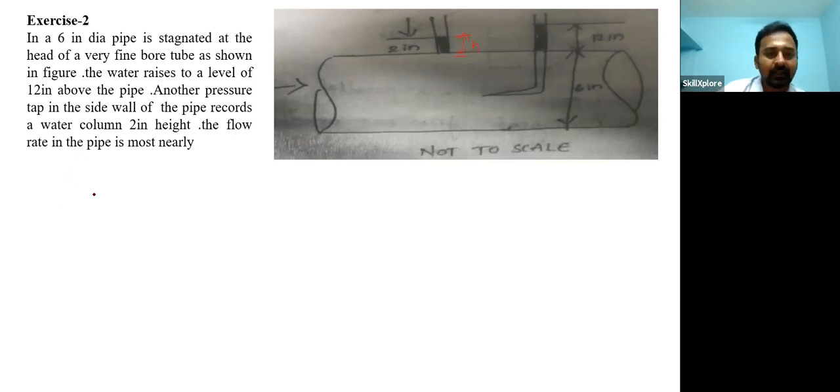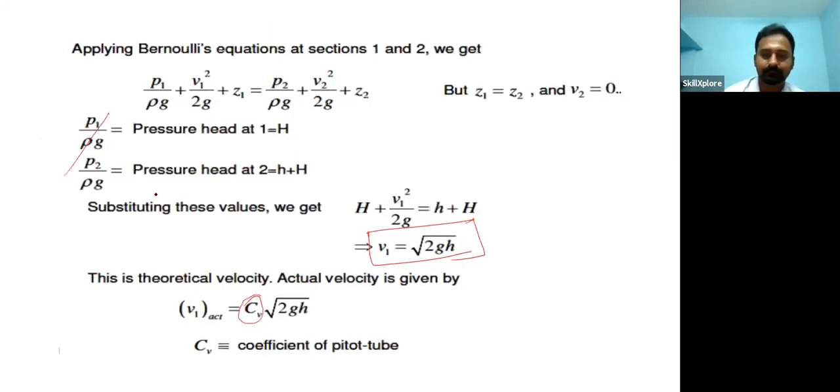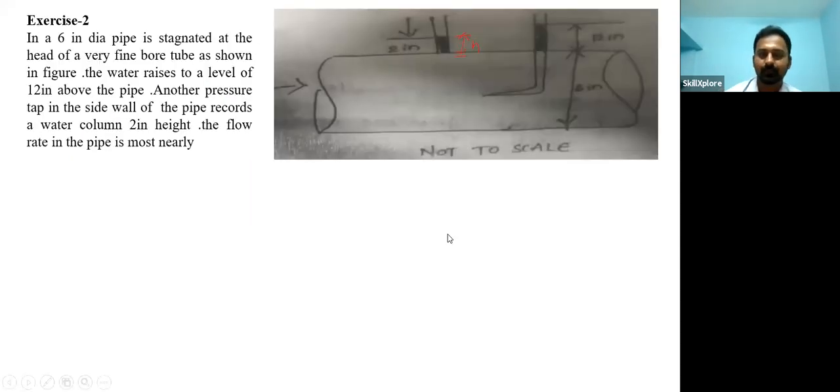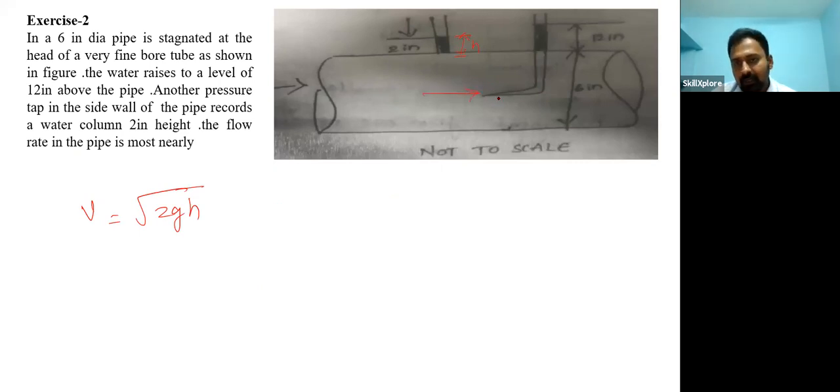So how to calculate that? We all know that the pitot tube has an equation for velocity v, which is equal to root of 2gh. So how do we calculate h? Here the flowing fluid gets into the nose, and it will induce some head in the vertical tube, the vertical limb.